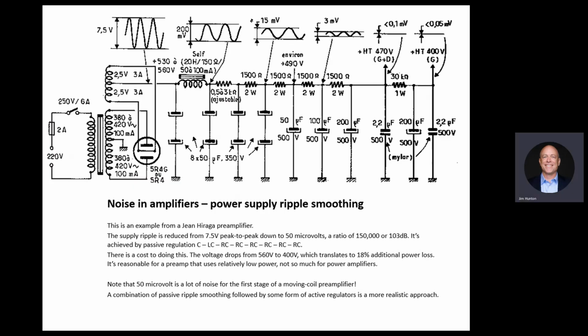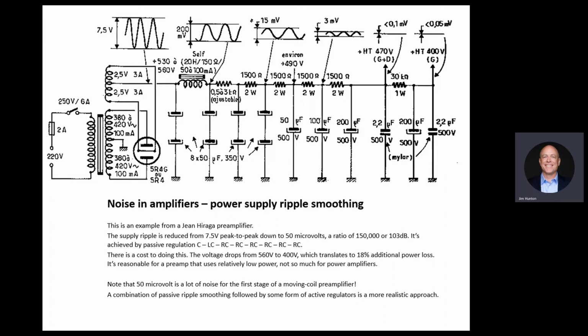So power supply noise. This is a real preamp by John Uraga, and we're seeing the power supply rectification. What he did is a lot of stages. There's basically a rectifier tube, and it goes into an inductor-capacitor stage, and then you have 1, 2, 3, 4, 5, 6 stages of resistor-capacitor.